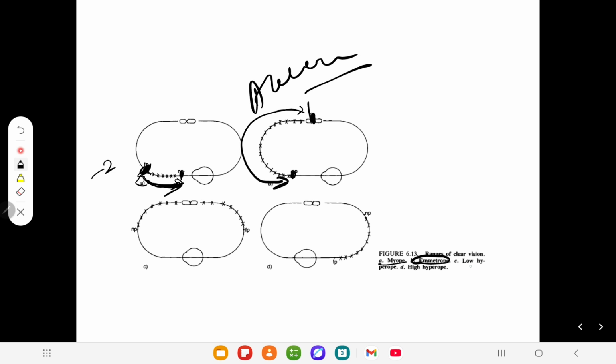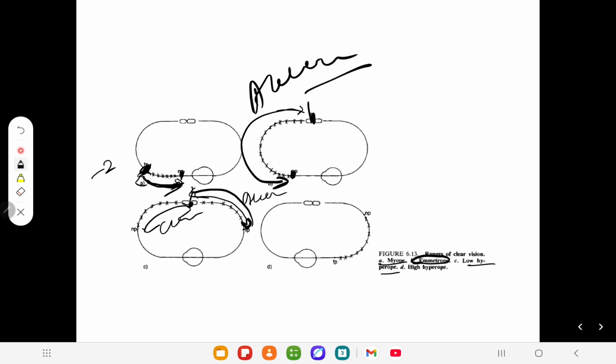And third is low degree of hyperopia. In low degree of hyperopia, the far point is beyond the eye, and from this to infinity, the patient uses accommodation to correct his refractive error. See, this is the point you have to understand. The patient corrects with the help of accommodation.